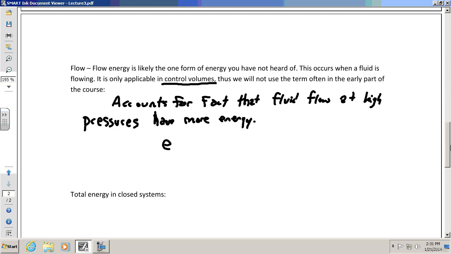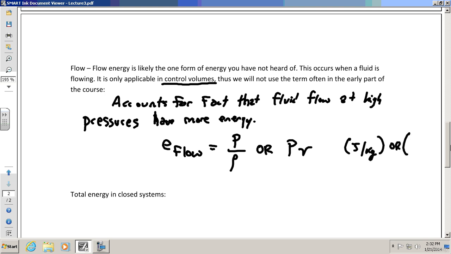So the flow energy is equal to the pressure divided by the density, or more commonly we'll use pressure times specific volume. In the units here, I notice I wrote a small e. Small e means this must be per mass, joules per kilogram, or BTU per pound mass.